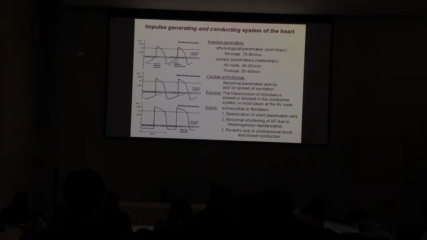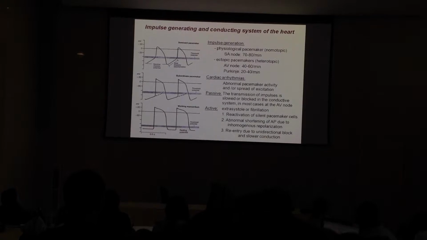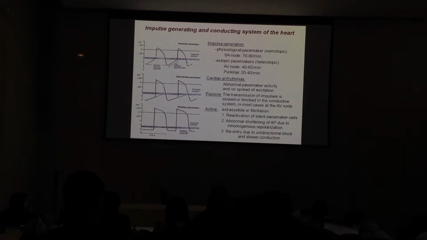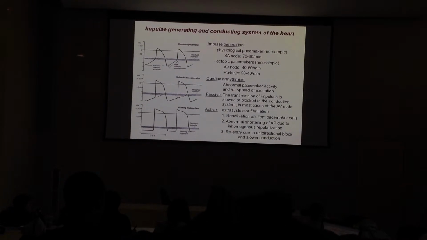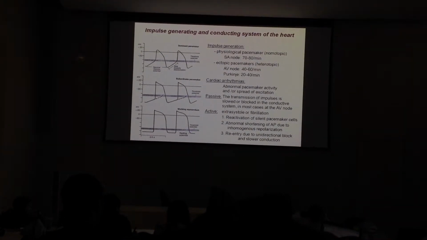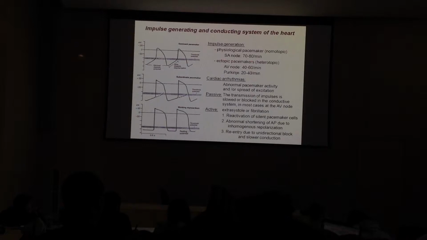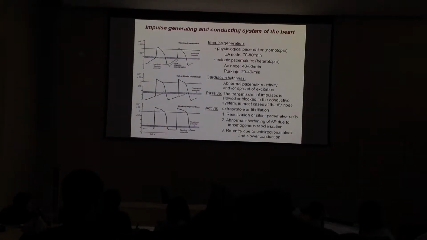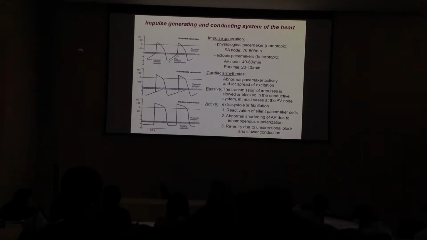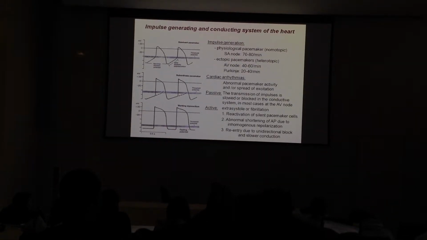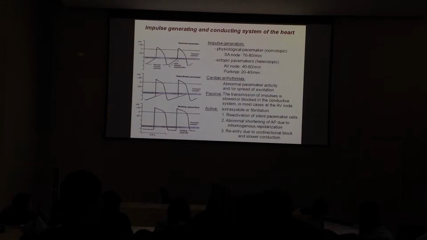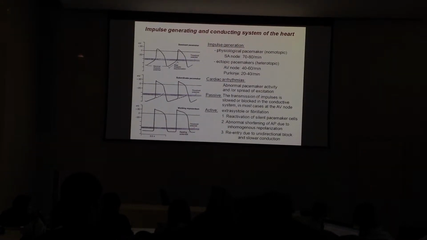Therefore, we used to call it the nomotopic pacemaker center, because these nomotopic cells are responsible in most cases for the heart rate. The ectopic pacemaker cells, which are located in unusual places, the heterotopic pacemaker cells, are slower.